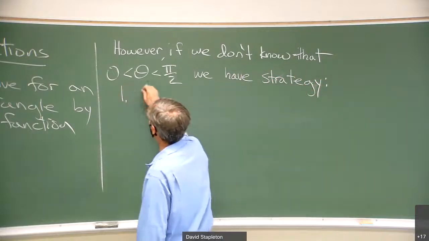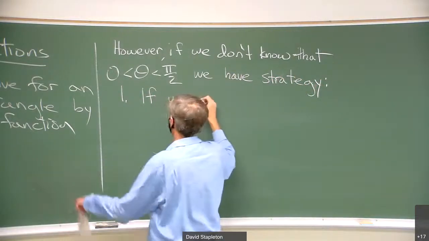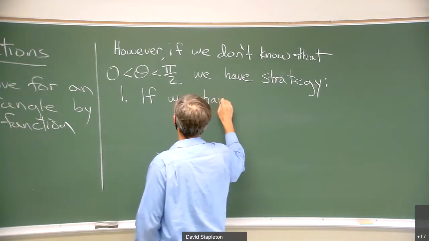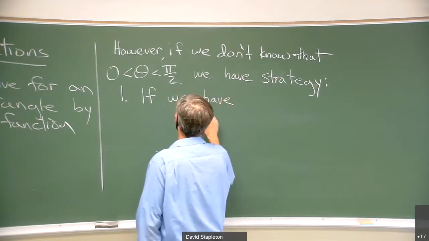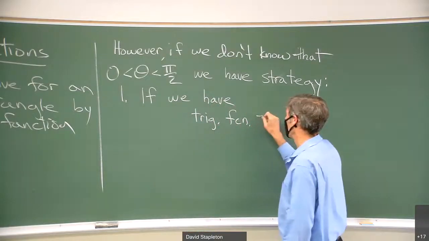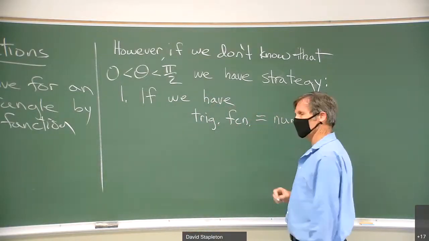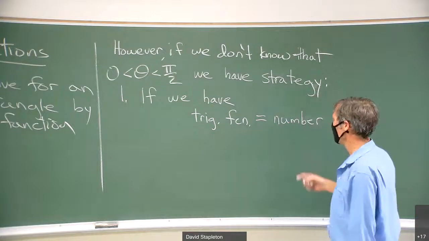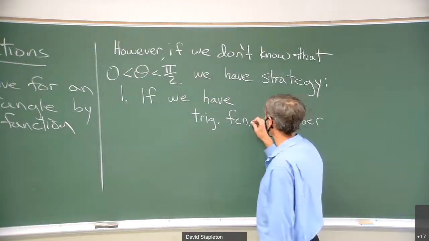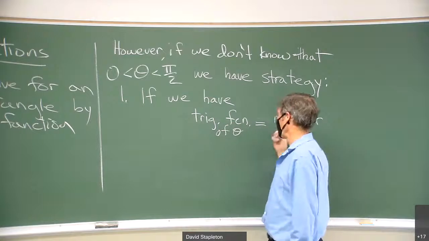Stage 1 is if the equation is such as a trig function of theta equals a number. It's not so easy as in the right triangle. You don't just say theta equals that number.